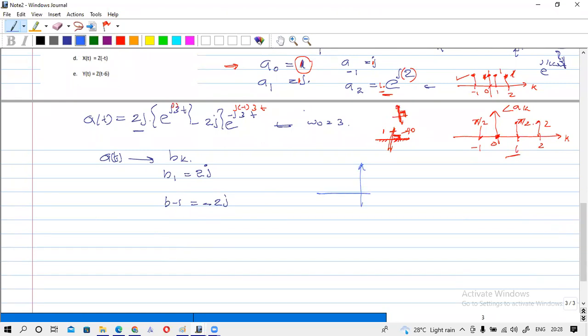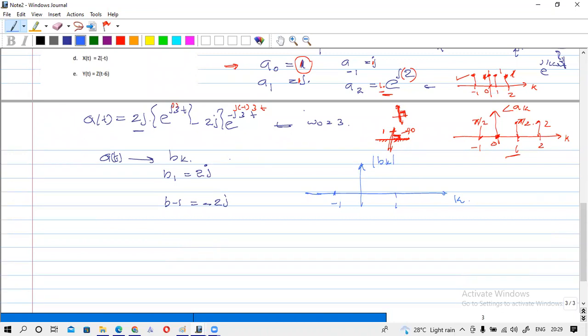If you consider the magnitude plot, the magnitude of b_k, the k's are 1 and minus 1. So here we have only k values -1 and 1. At k equal to 1, the coefficient is 2j, so it is totally an imaginary number.